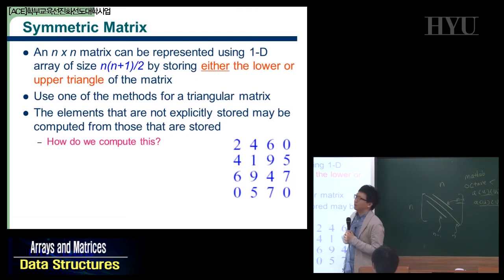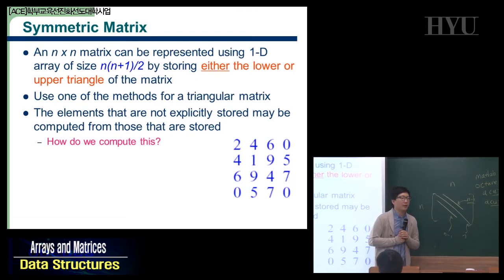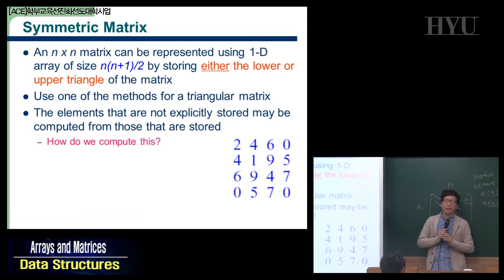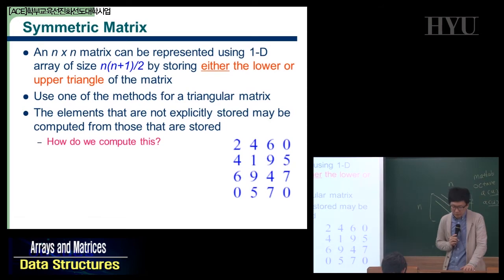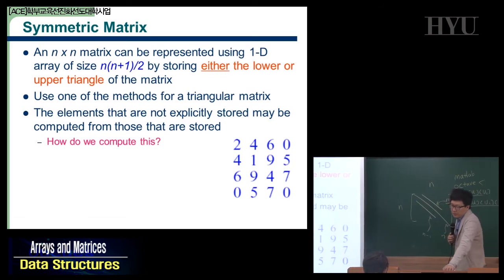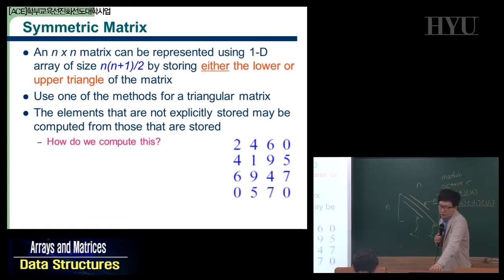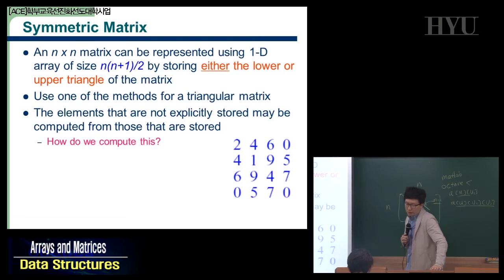Symmetric matrix, I already mentioned as well. It's a flipping of index values at 2 positions, so you just need to store one way, i and j. Then you will be able to answer back j and i because it's a flip. An n by n matrix can be represented using a 1D array of size n times n plus 1 divided by 2 by storing either the lower part or upper triangular part of the matrix.